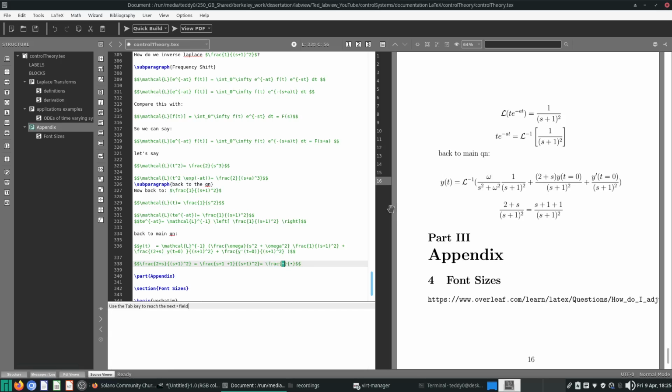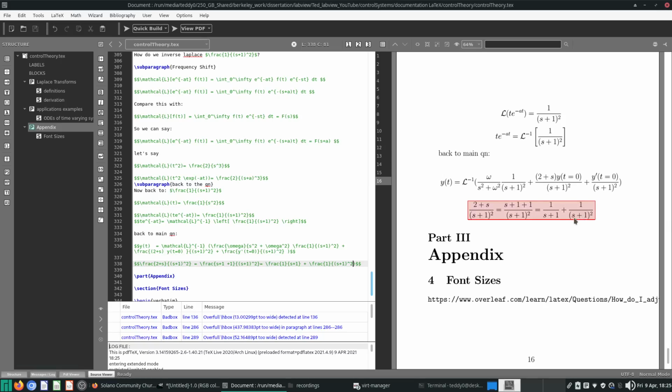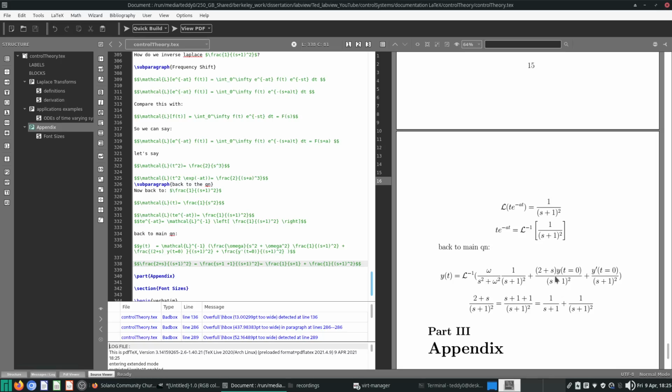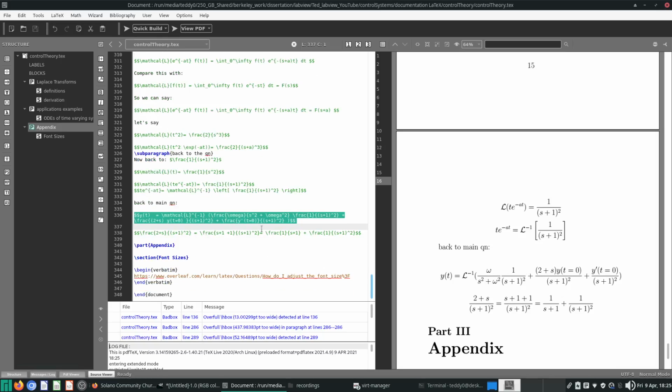Then we'll just have 1 over s plus 1, this is an exponential, plus 1 over s plus 1 squared. So not too difficult to deal with.